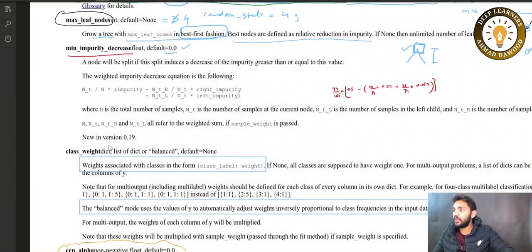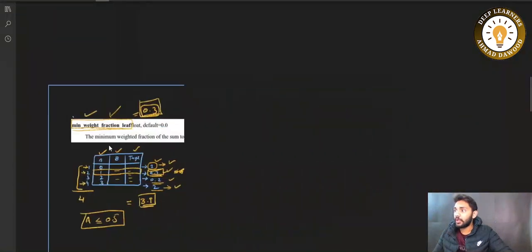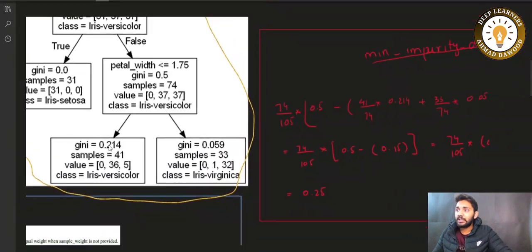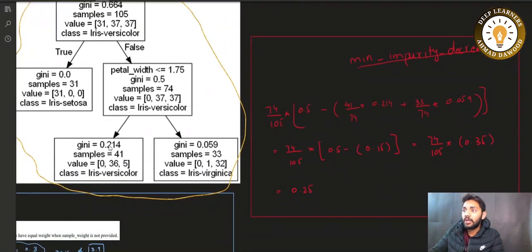I can give you an example here, so you will get a more precise idea. Let's say at this particular node there is a Gini impurity of 0.5. When you split this node, your child nodes have these Gini impurities: the left child has 0.214 and the right child has 0.059.